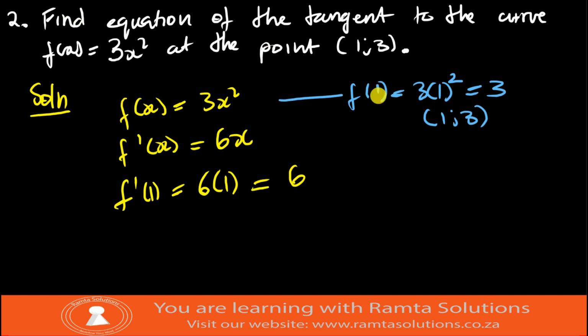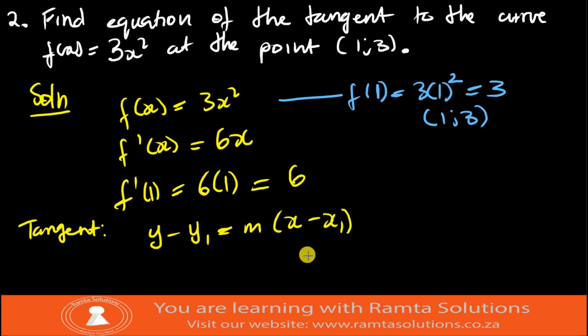I showed you this method in the previous example. Now, we said this one here is the value of your gradient. So for the equation of the tangent, you're going to say y minus y sub 1 is equal to m into x minus x sub 1. I like using this formula because it doesn't make me go back and forth. The point given is (1, 3).